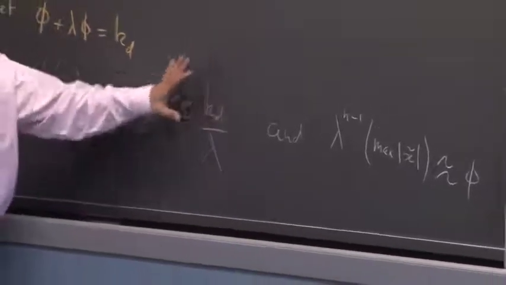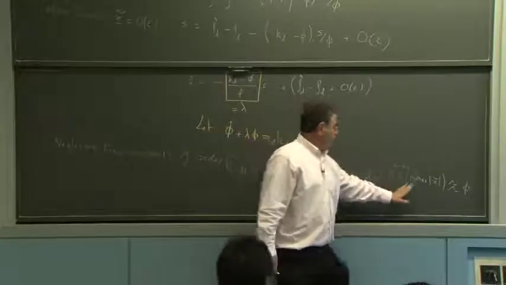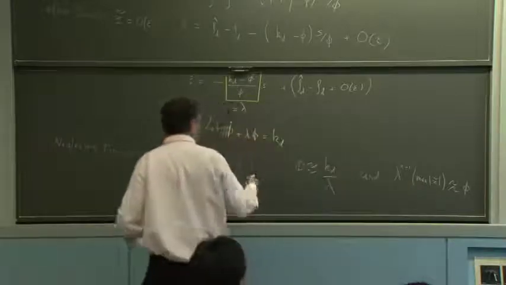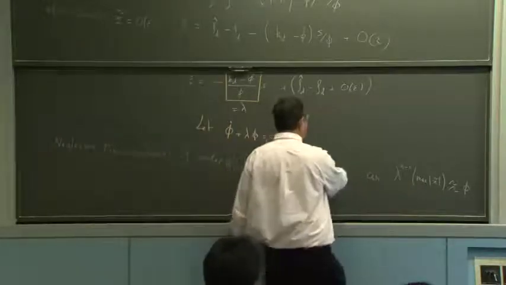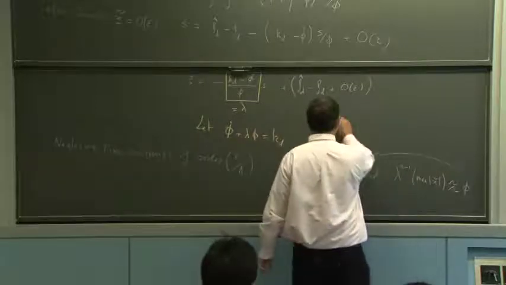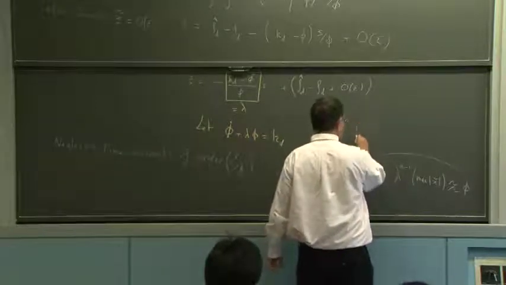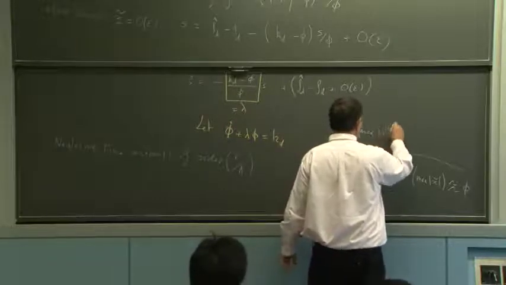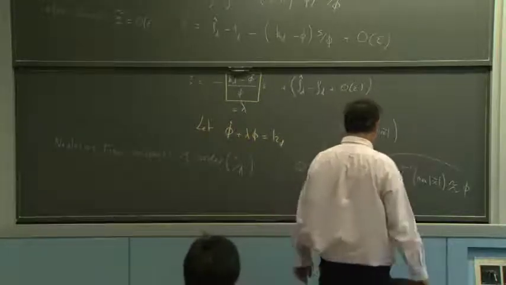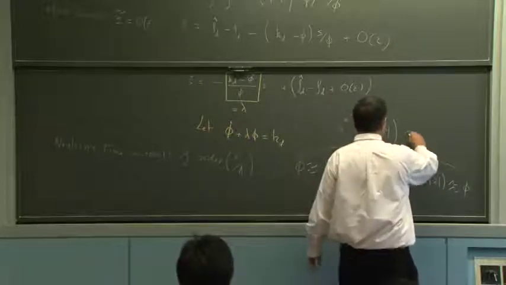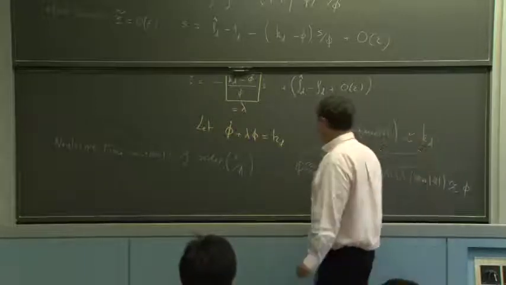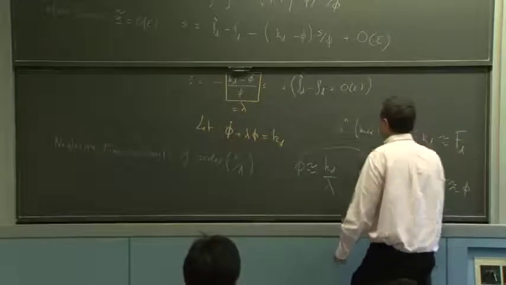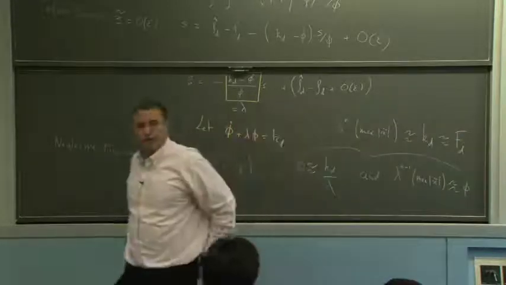So you have phi, which is of the order of KD over lambda, and lambda to the n minus 1 times this, which is the order of phi. So if we put the two together, it says that lambda to the n times the maximum value of the error is of the order of KD, which is itself FD, remember, because we said eta was a small term.